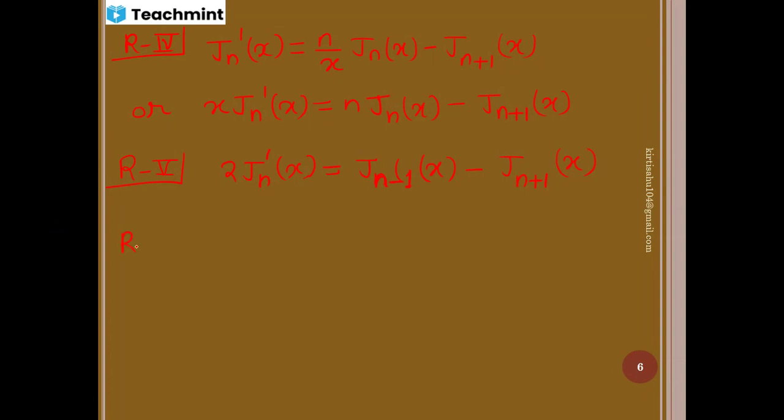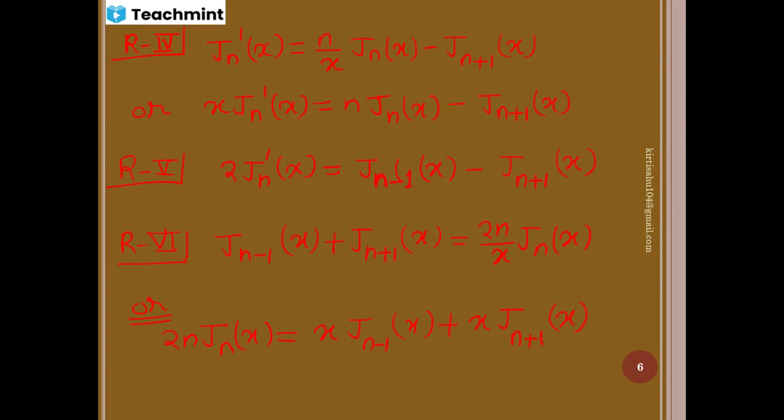And finally we have recurrence relation number 6, which is Jn minus 1 of x plus Jn plus 1 of x is equal to 2n by x Jn of x, or also written as 2n Jn of x is equal to x times Jn minus 1 of x plus x times Jn plus 1 of x.